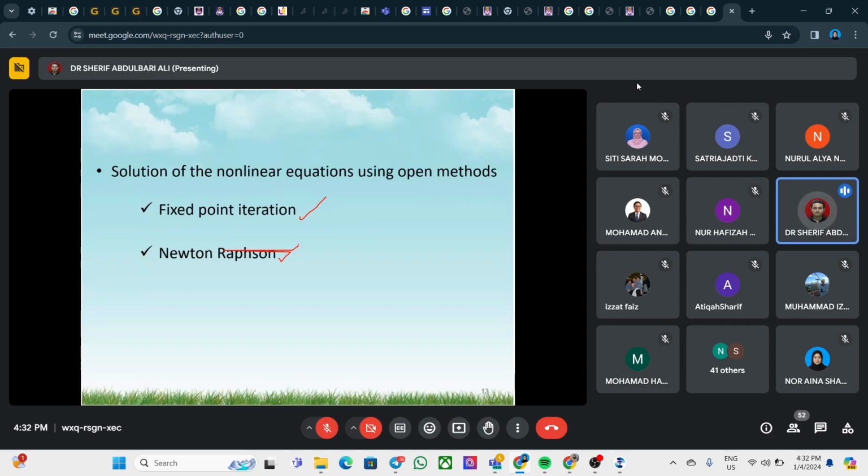Can someone tell me, for the fixed point iteration, what I need to do to solve it? We learned this one last week.